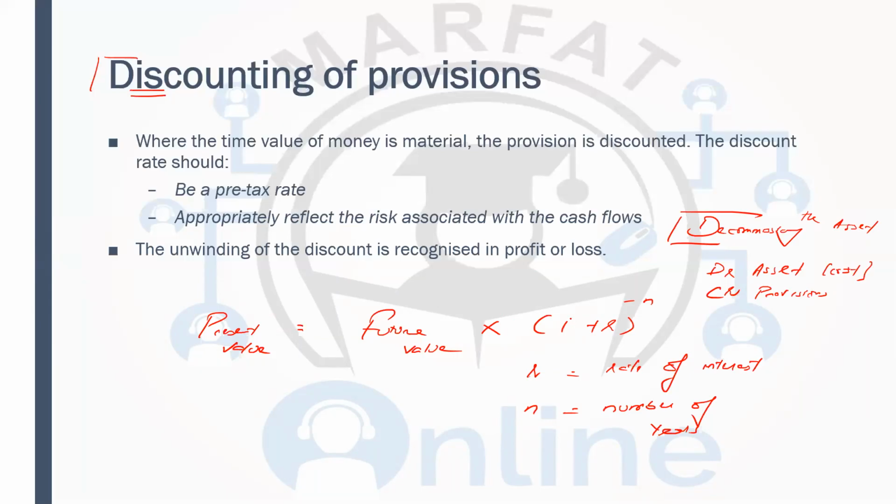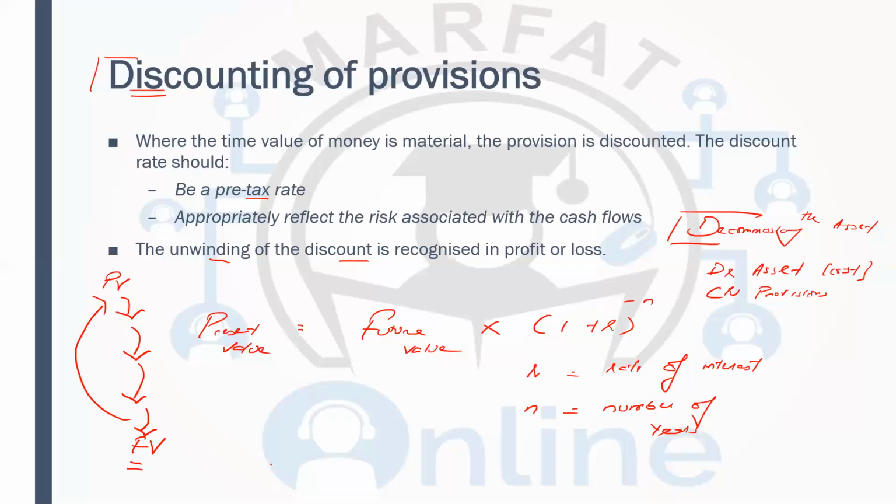When you have brought the figure to the present value by using a pre-tax rate, then unwinding of the discount will be done. Discounting means you have brought the future value to the present value. This concept is known as discounting. Obviously, every year that passes, you have to unwind your liability so that it reaches the final amount which you are expecting to pay.